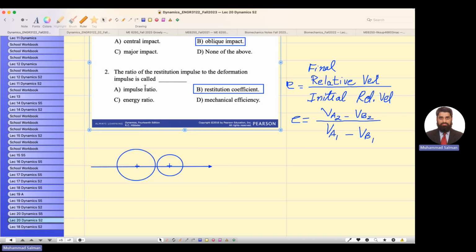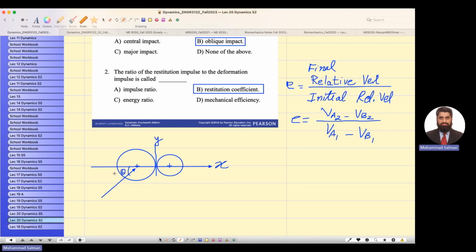If this particle is coming at an angle to the line of impact, then this is an oblique impact, and in that case you will use the coefficient of restitution for the component which is along the line of impact. Suppose this is my y axis and this is my x axis.